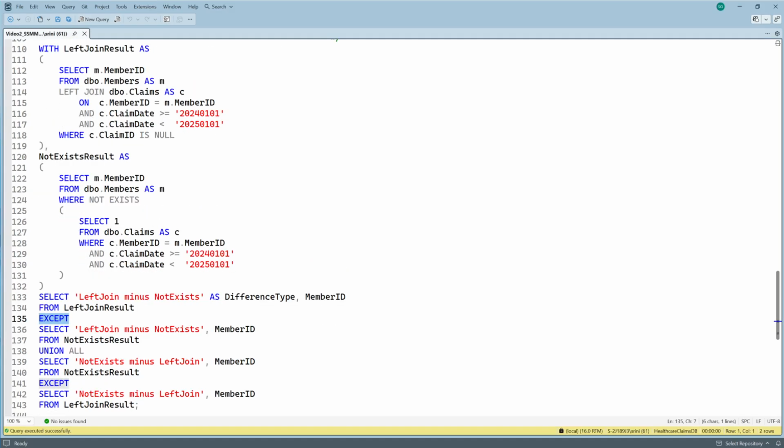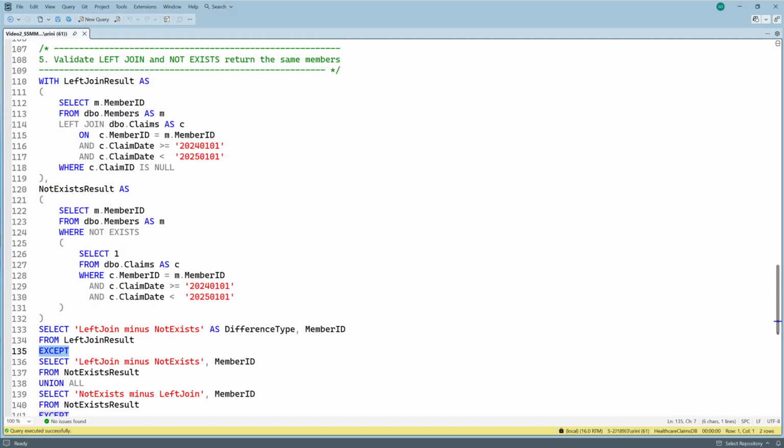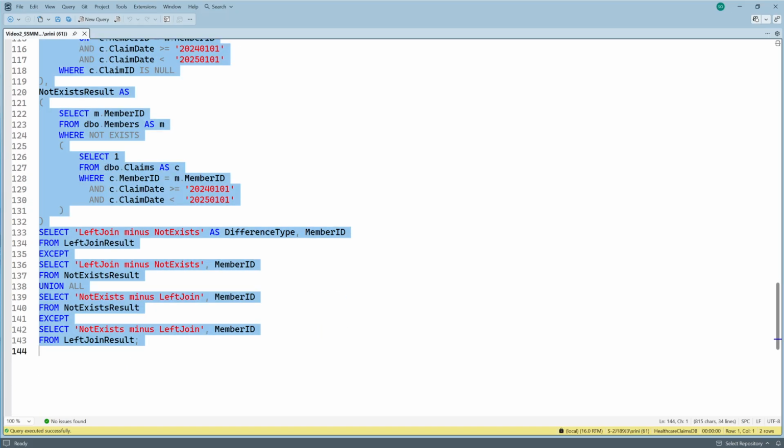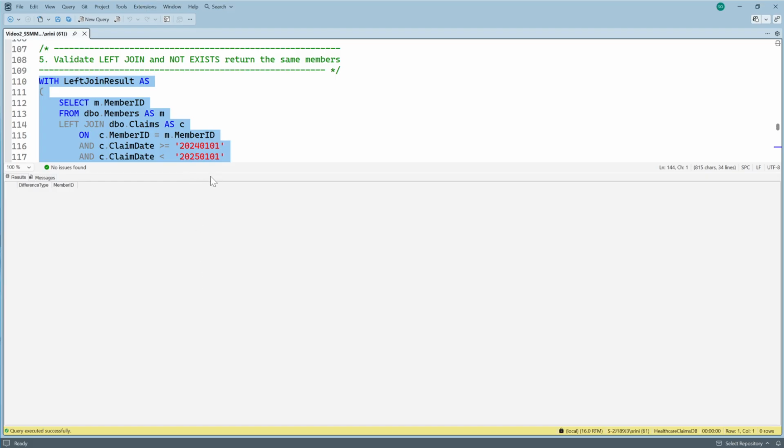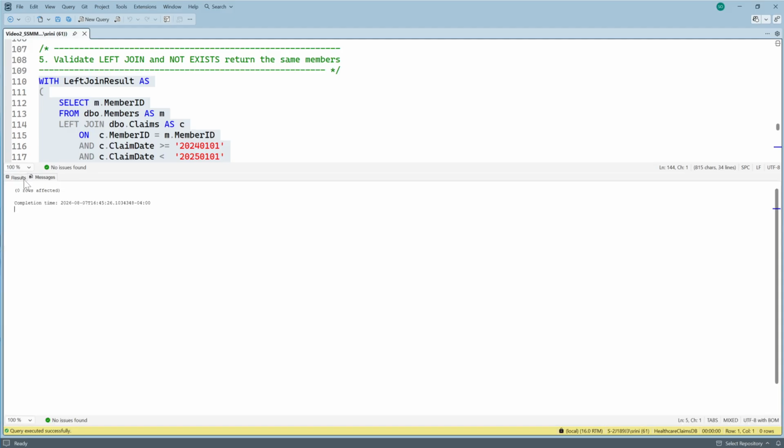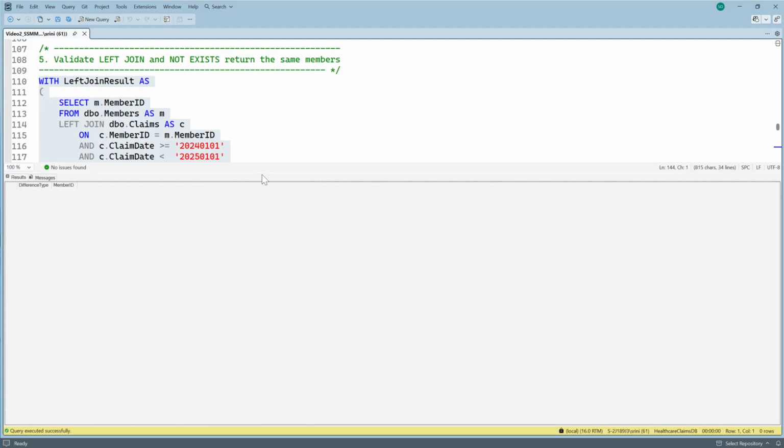If this returns no difference rows, that is strong evidence that both methods produced the same member set for this business rule. This is a professional habit worth keeping. When two query approaches are supposed to be equivalent, compare the result sets instead of relying on visual inspection.